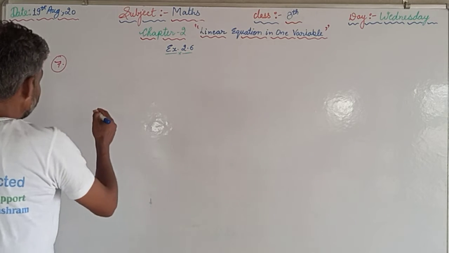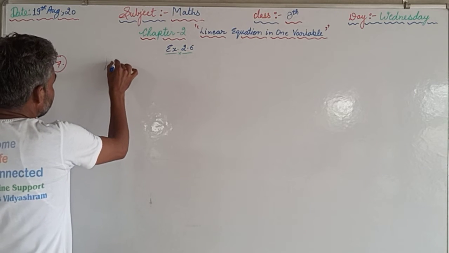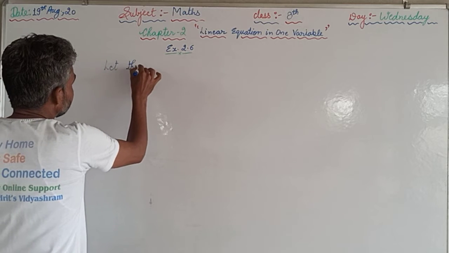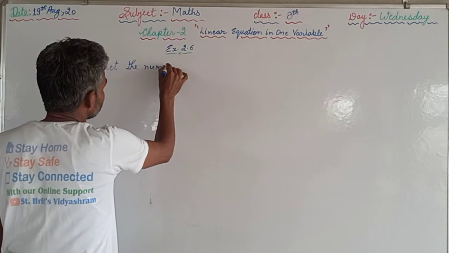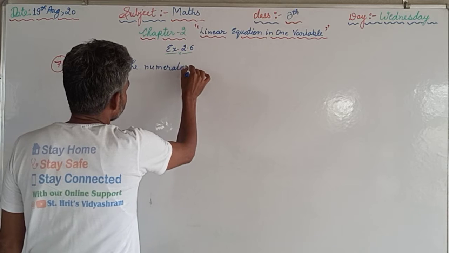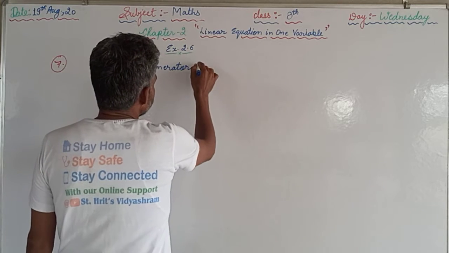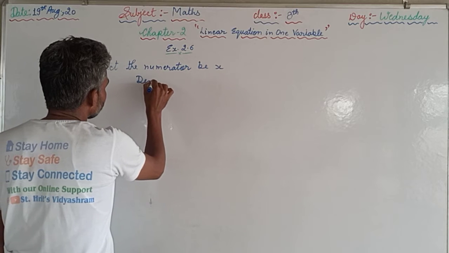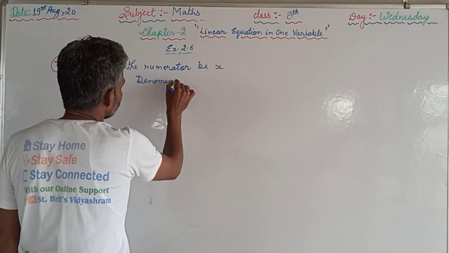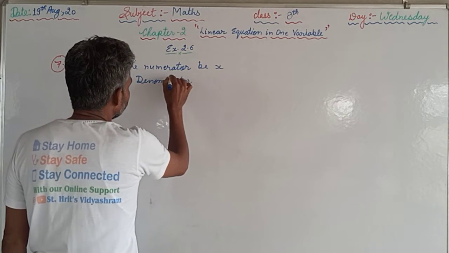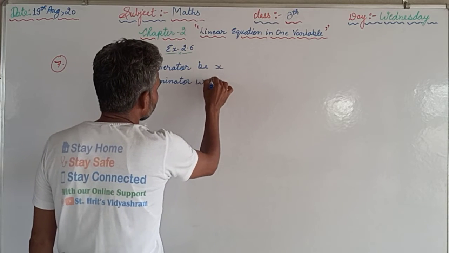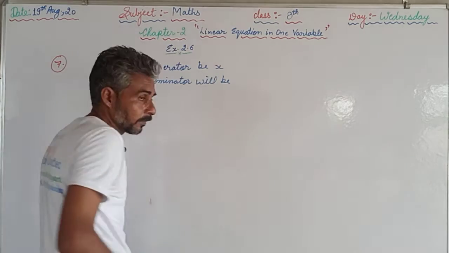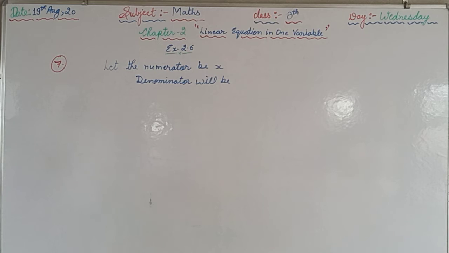Let the numerator be x and denominator will be... The denominator of a rational number is greater than its numerator by 8.